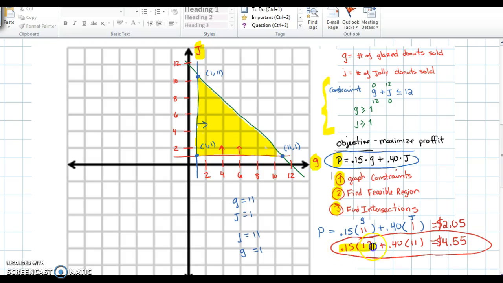And as I suggested, because we're multiplying 40 cents times a larger number, we can make 455 for one combination and 205 for another. And obviously, anything in the middle of this region would represent other possible profits, but the intersections will be the greatest.